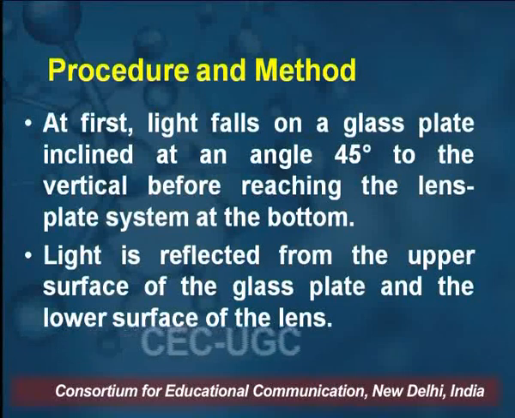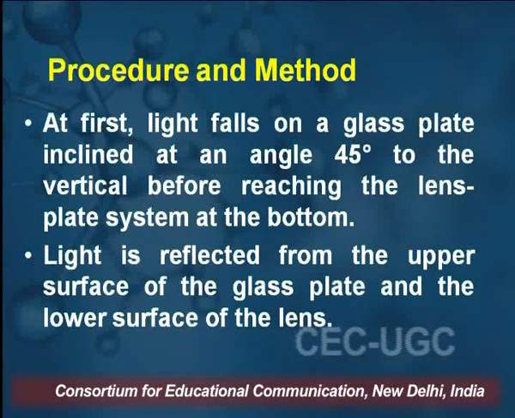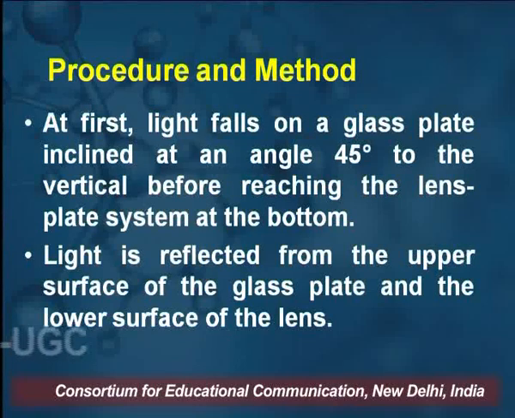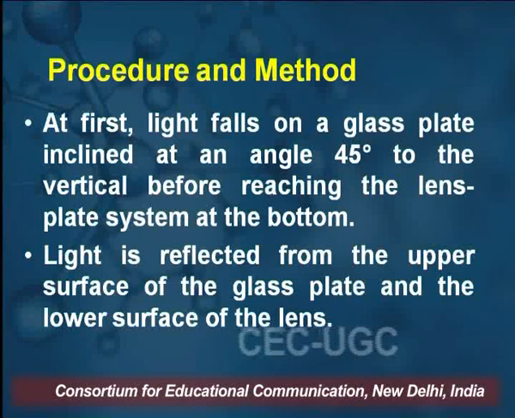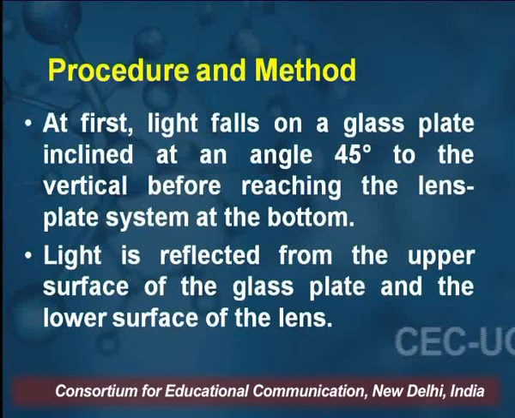From this convex lens, light falls upon a glass plate. From here it is reflected from the upper surface of the glass plate and from the lower surface of the lens, as we require two virtual sources.